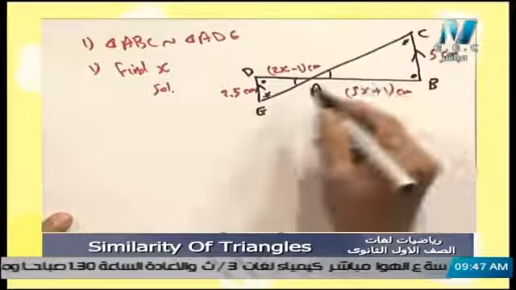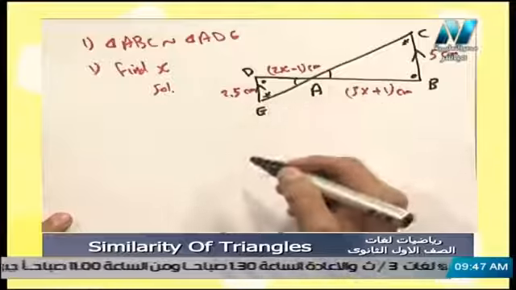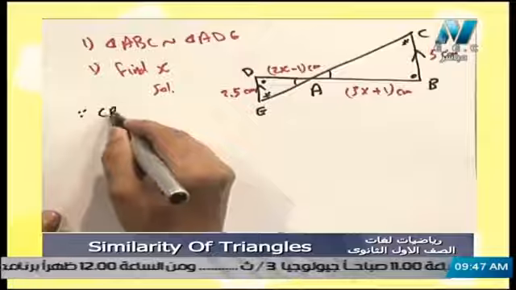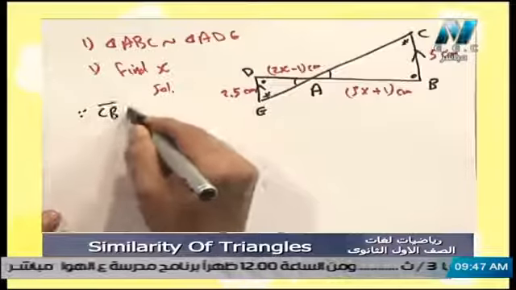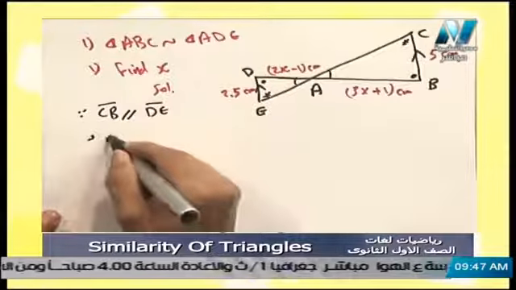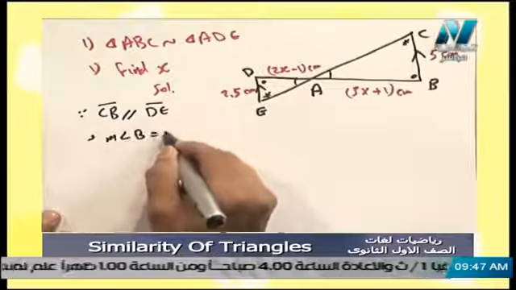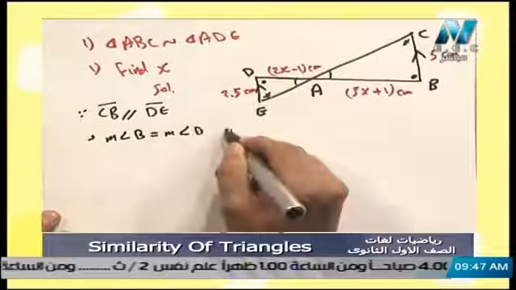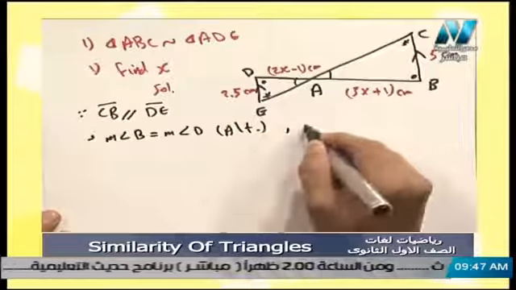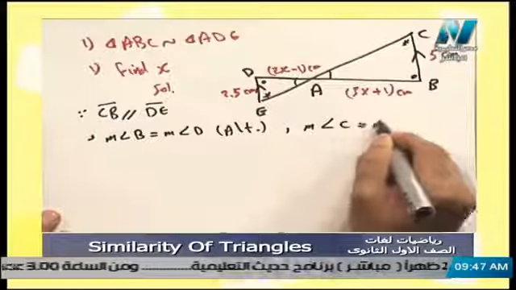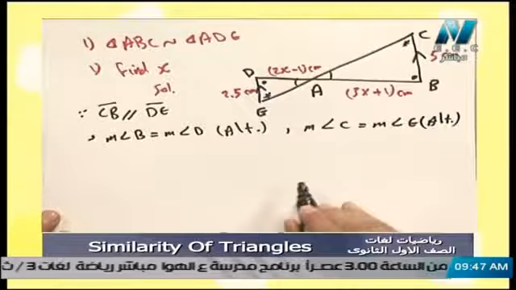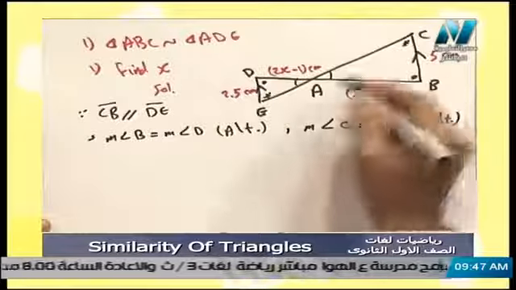It's enough to say two angles only. So we can say, since CB is parallel to DE, therefore the measure of angle B equals the measure of angle D, alternate, and also the measure of angle C equals the measure of angle E, alternate also. So these two triangles are similar.